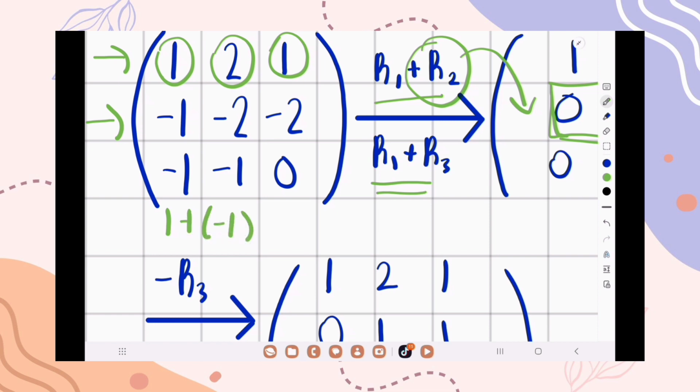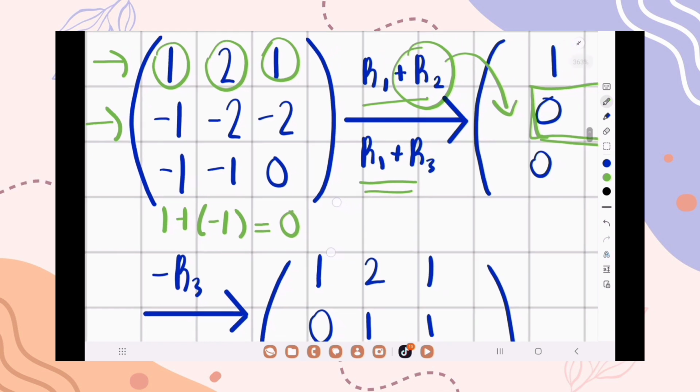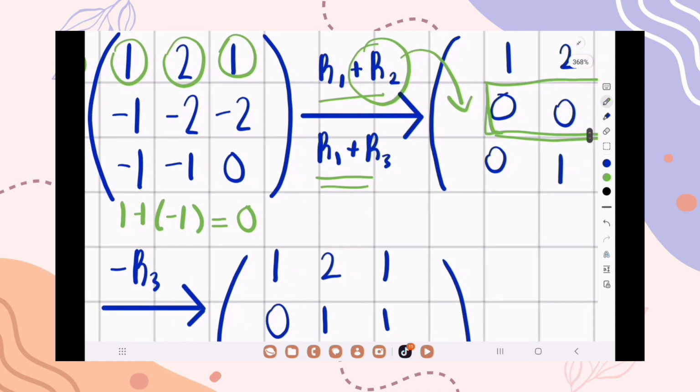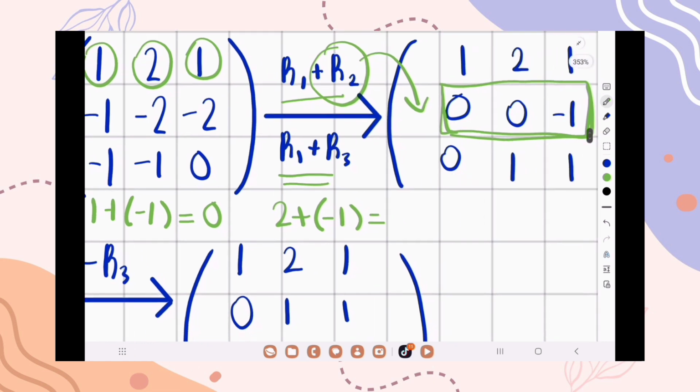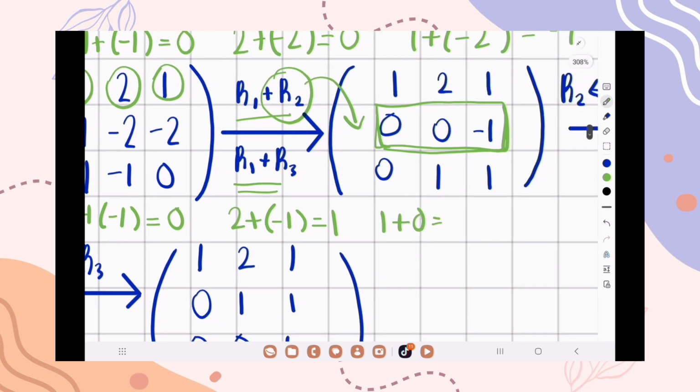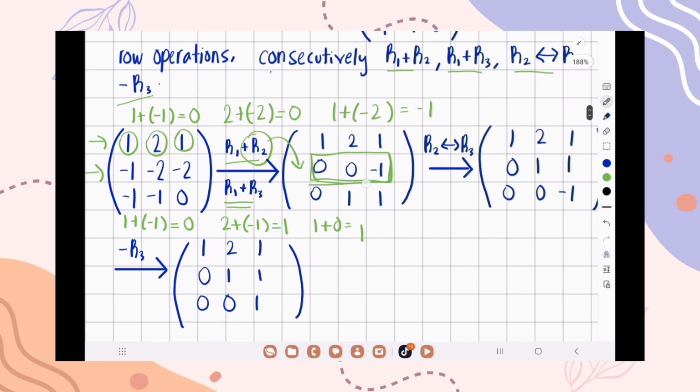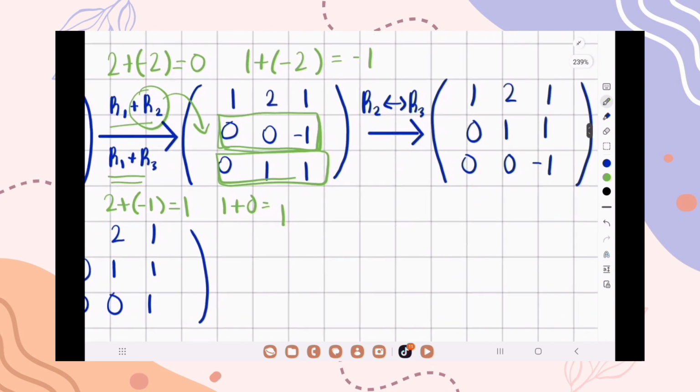We will get 0, and then the second one, 2 plus -1, we will get 1, and then the third one, from the first row, 1 plus 0 equals 1. You will get the same value.